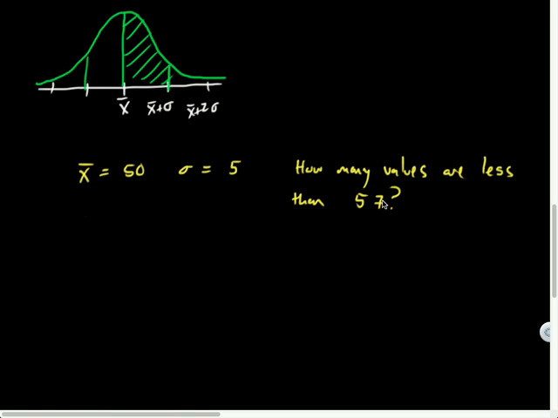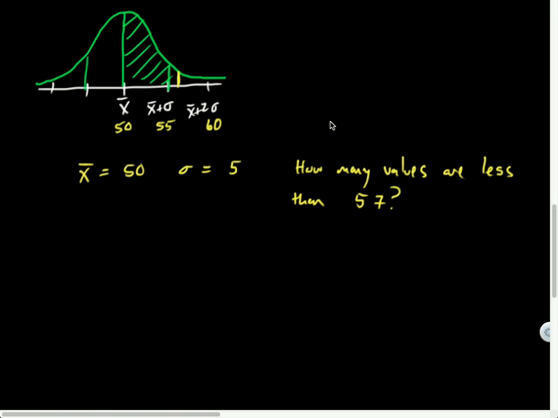And now the problem is that 57 doesn't land on one of my standard deviation tick marks, right? If this was 50, this would have been 55, this would have been 60, and this 45, 40. So 57's landing somewhere here, and I've got to figure out what that is in terms of standard deviations above the mean.